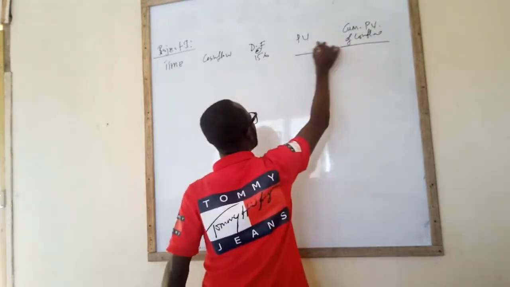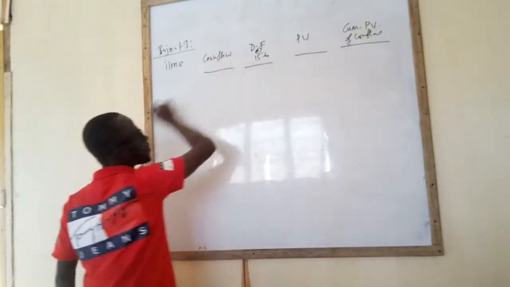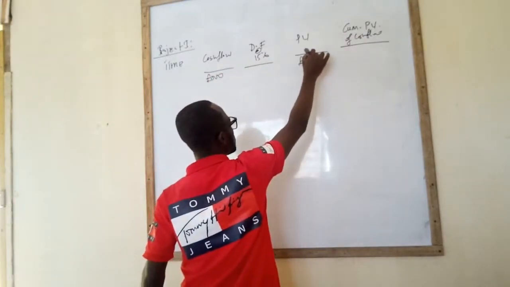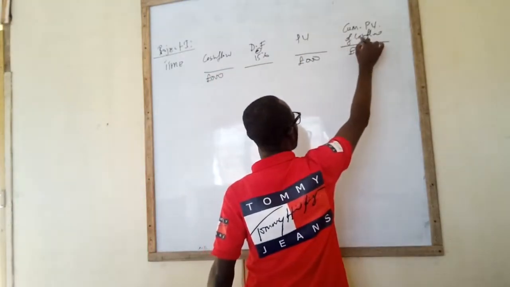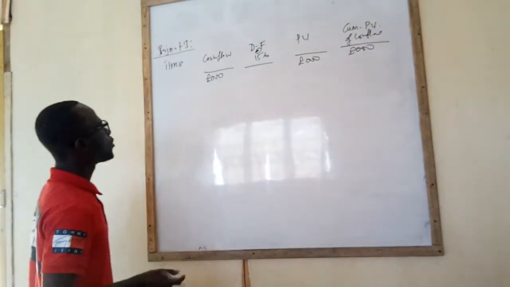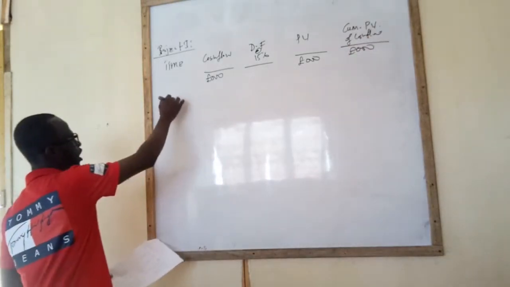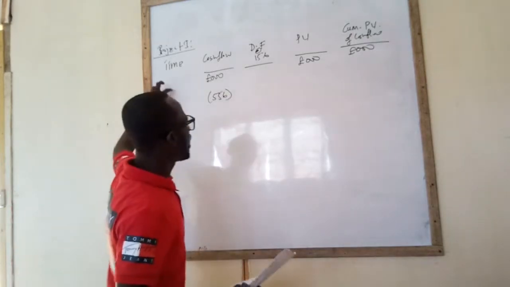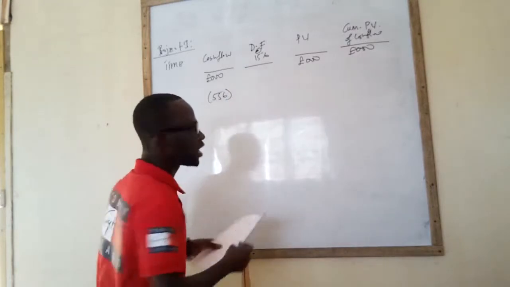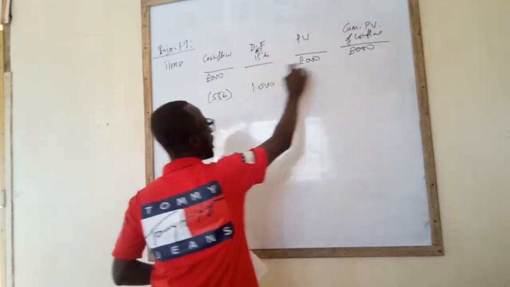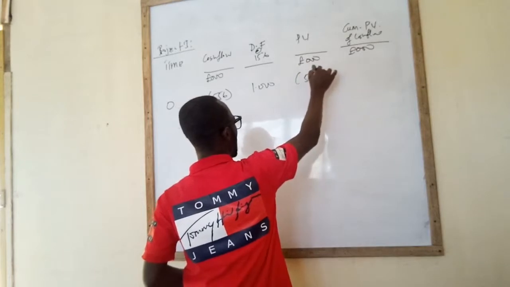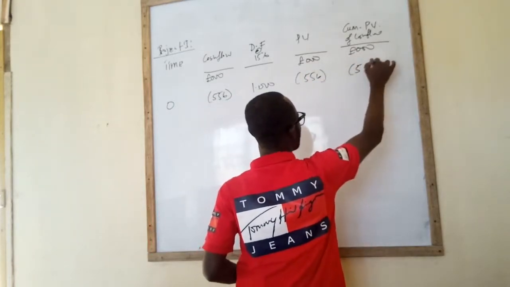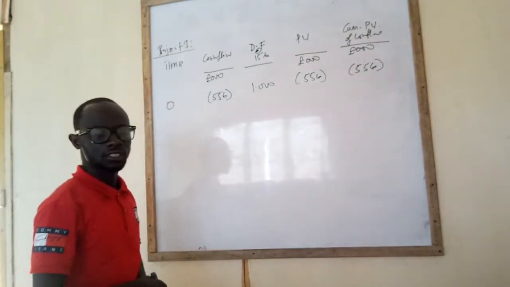Right. So still we're going to be working in thousands. So project 1, the initial cost is still 556. Remember, year 0, the discount factor is always 1. Okay? So the same figure will come here as 556. Then cumulatively, it will be here at 556.